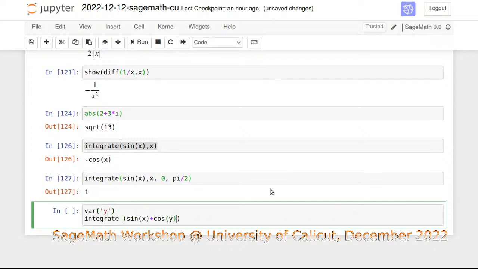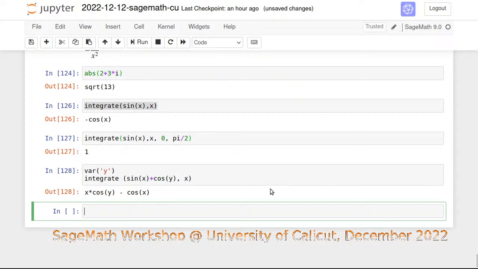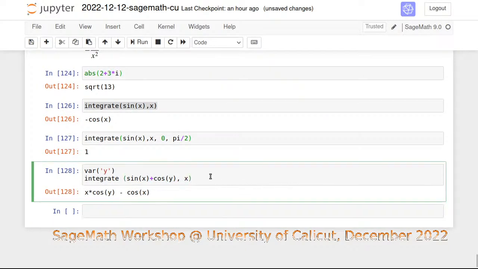Suppose we define it with respect to x. Now, if you want to give the range, that also we can give. If you want to integrate with respect to y also, you have to once again apply the integrate command.